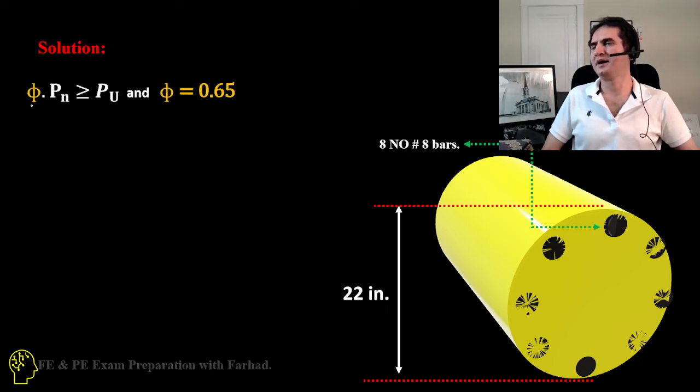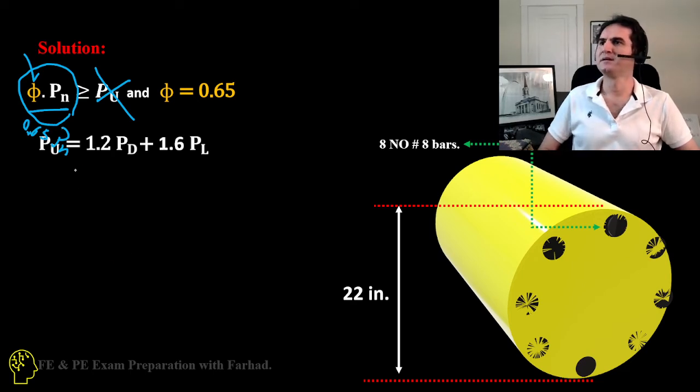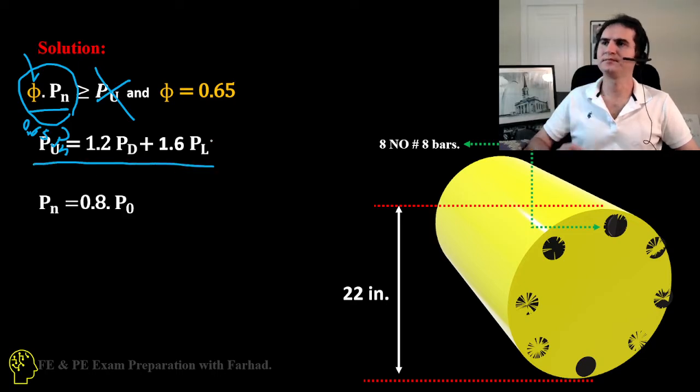So again, we have phi times Pn, and we don't need this part of the problem because as soon as we have phi, which is 0.65, times Pn, we have the design capacity of the column. So we don't need to calculate ultimate load.